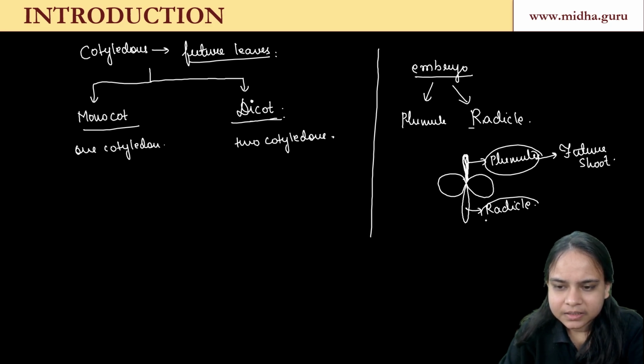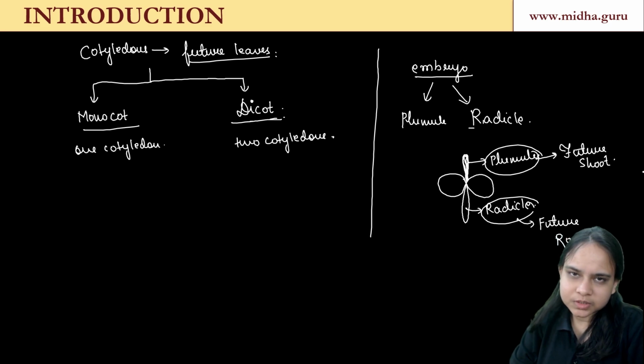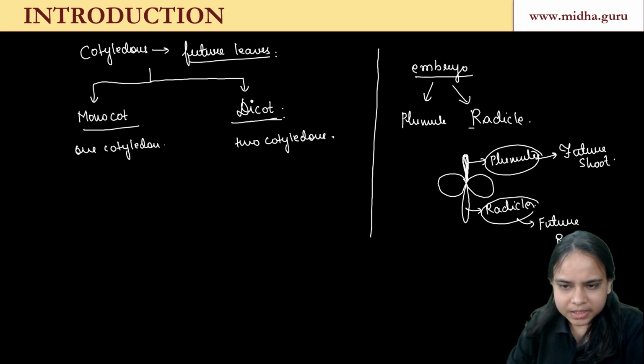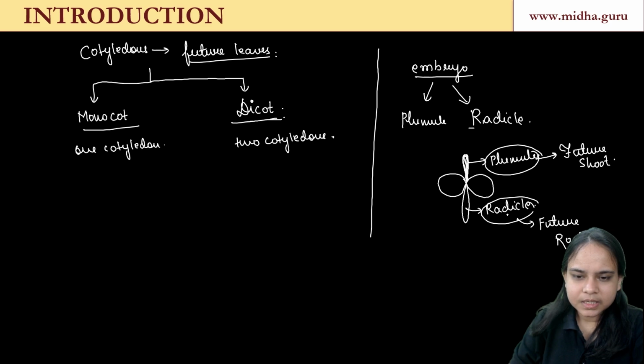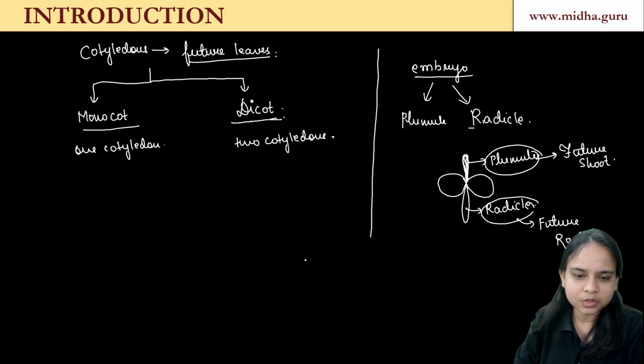And this radicle is actually the future root. That means plumule further develops into the shoot system, and this radicle gets modified further into root system. Correct? Now let's understand one by one the types of seeds. Okay, that is dicot and monocot.